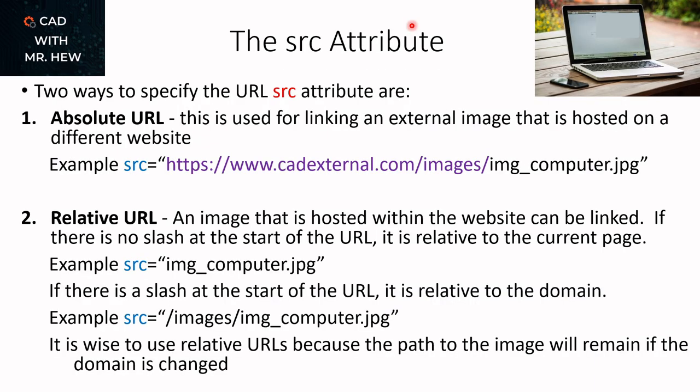All right, now there are two ways to specify the URL for the SRC attribute. And the first one is the absolute URL. This is used for linking an external image that is hosted on a different website.